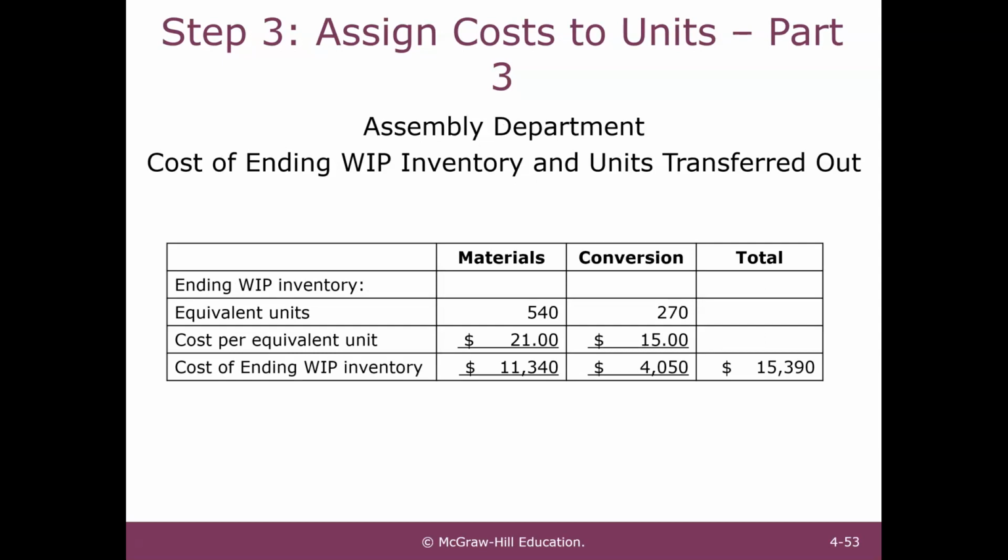And now we know for our ending work in process inventory, in regards to materials, it is $11,340 and conversion is $4,050, for a combined total in ending work in process inventory of the 900 partially complete units of $15,390.